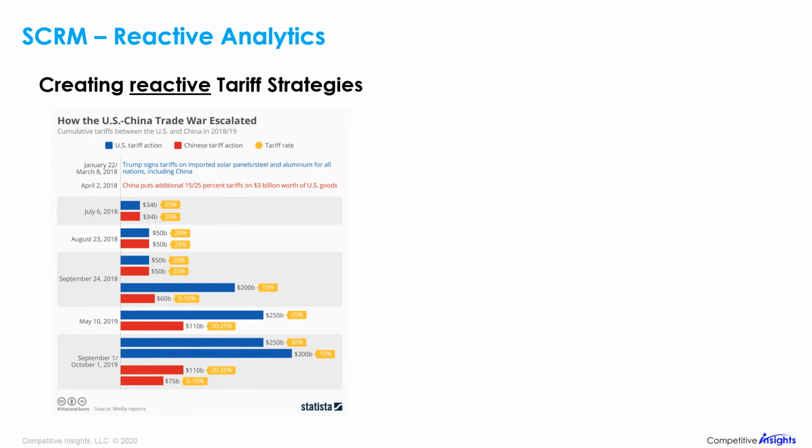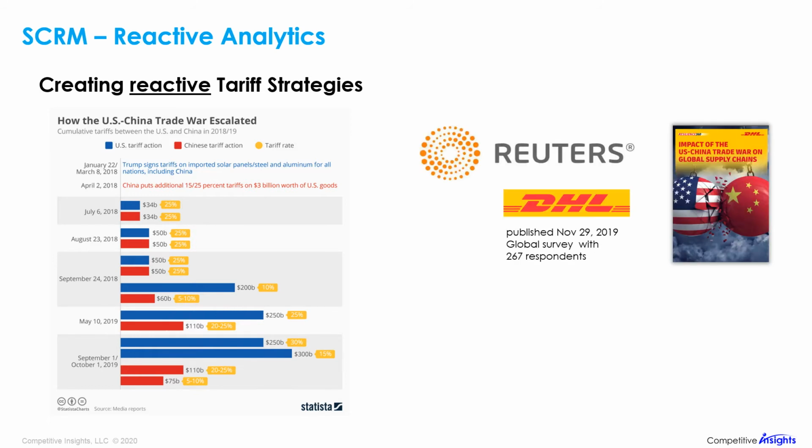Tariffs have been with us for a long time, but the current tariff war, trade war, really started to heat up in July of 2018. And it's still going on, as we all know. So what's really interesting about this, as far as reactive strategies, is that DHL did a survey of just under 300 companies at the end of 2019.